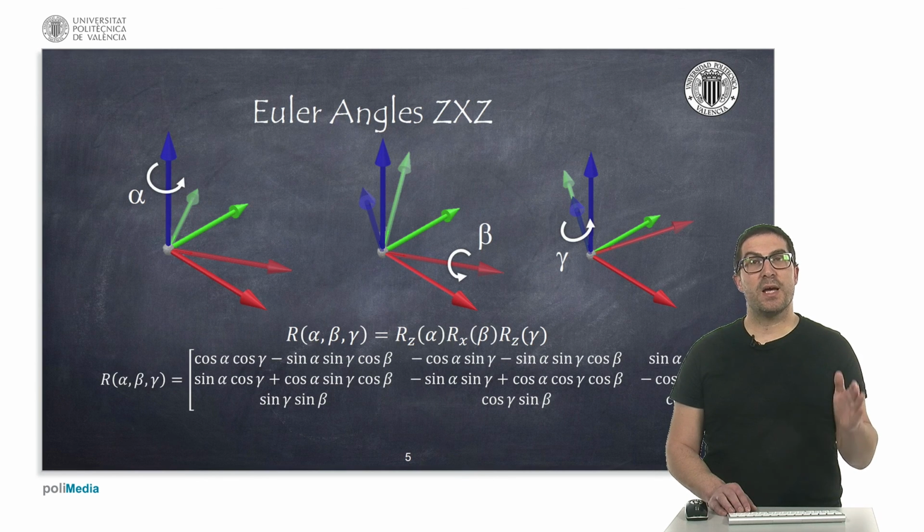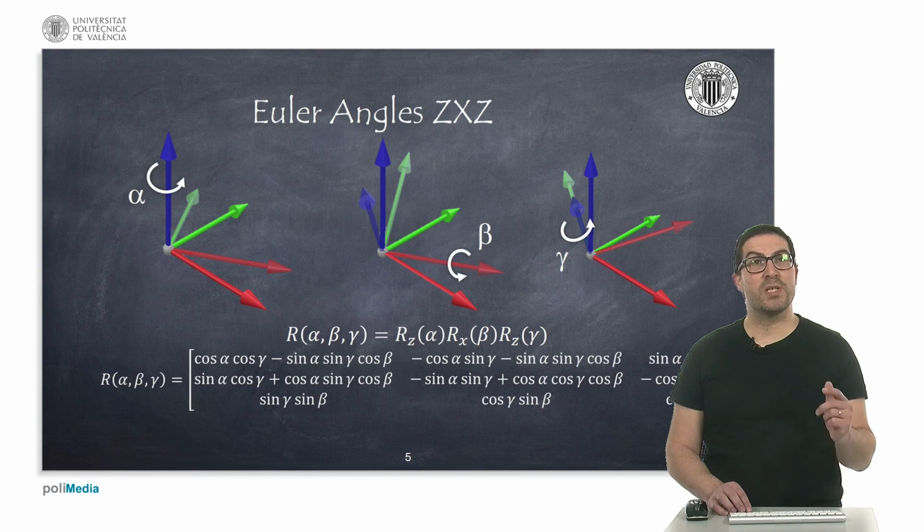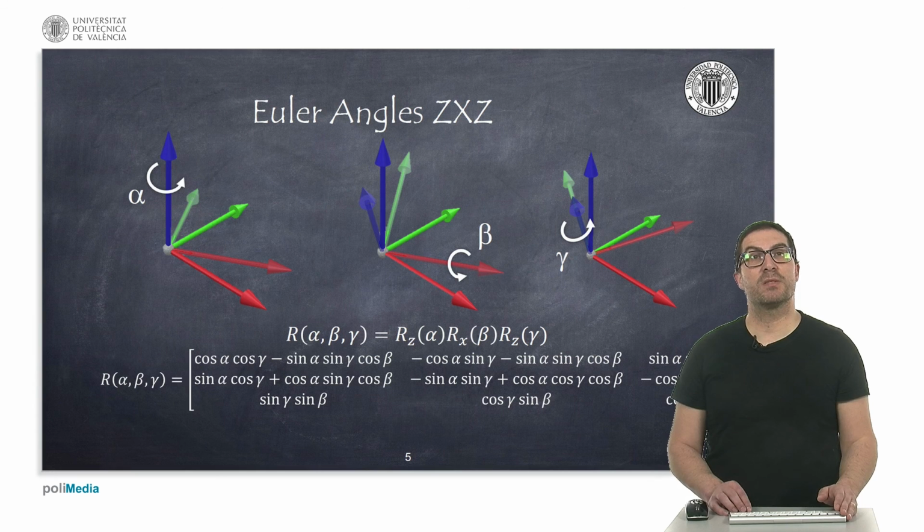So it implies a rotation around the Z axis, then a rotation around the mobile X axis, which is U, and then a final rotation around the mobile Z axis again, which is W. This implies the multiplication of three consecutive rotation matrices, as shown in the slide, and because they are done in the mobile reference frame, they need to be post-multiplied, as we saw previously in the rotation matrices video.